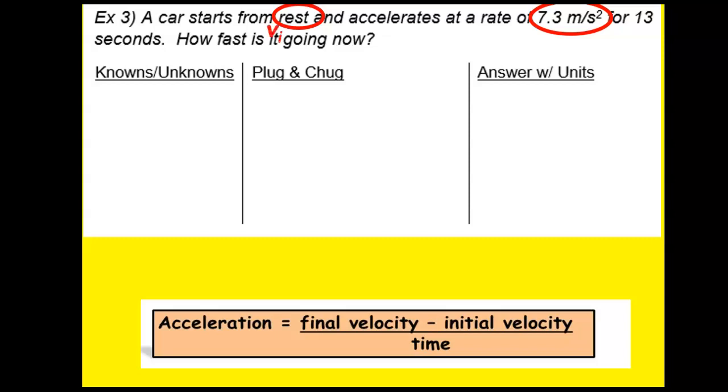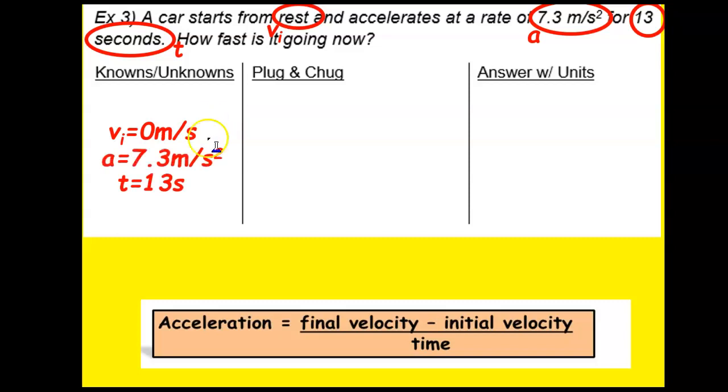Then I have 13 seconds as my time. It says starts from rest, so that's my initial velocity. I have acceleration because I have meters per second squared. So therefore, I'm solving for my final velocity. These are my knowns and my unknown.